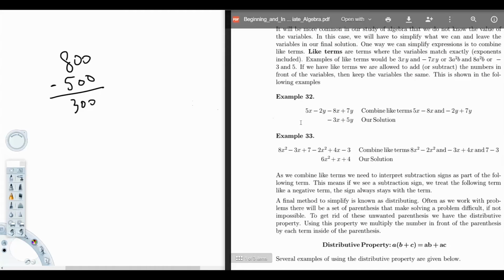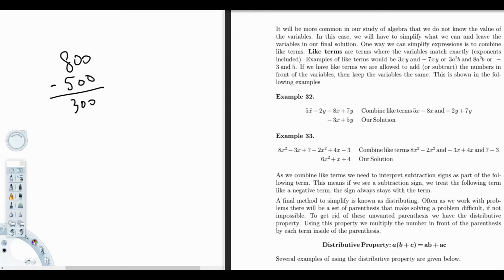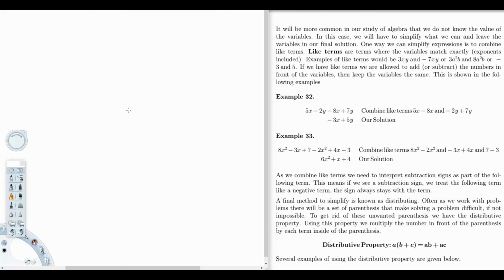Moving along. So we're combining like terms. We'll get to that in a second. So what they want us to do basically is to combine like terms. So let's take a look at this. 5x minus 2y minus 8x plus 7y. Now, what they're saying here is that in this equation, this will always be a 5. This will always be a 2.